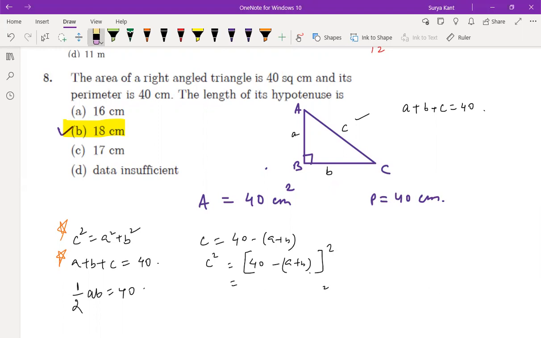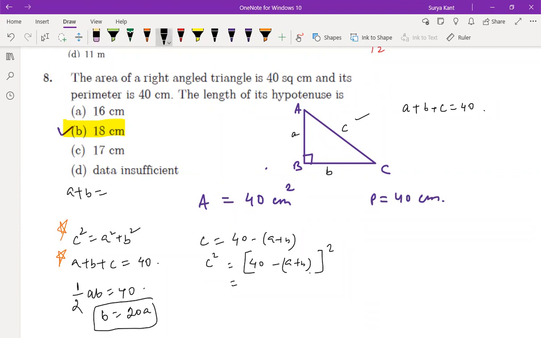Okay, then what to do? In place of that, sir, we can directly write that a plus b equals 22. We'll get it after expanding it. How did it come 22?